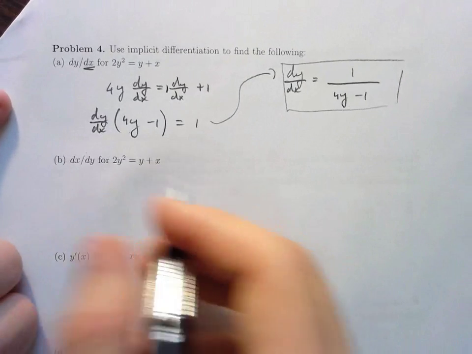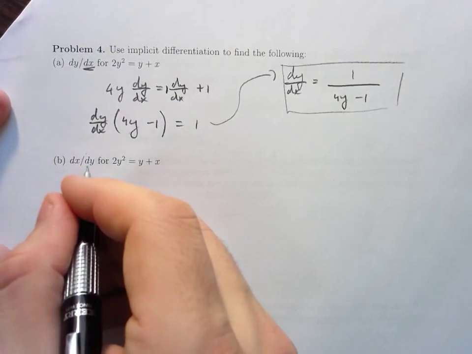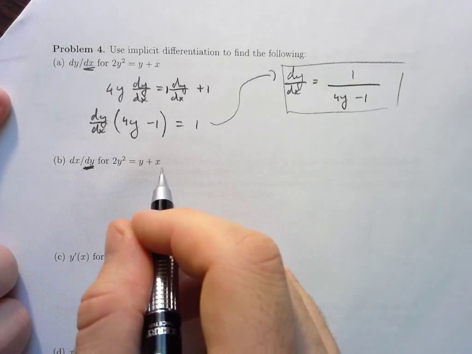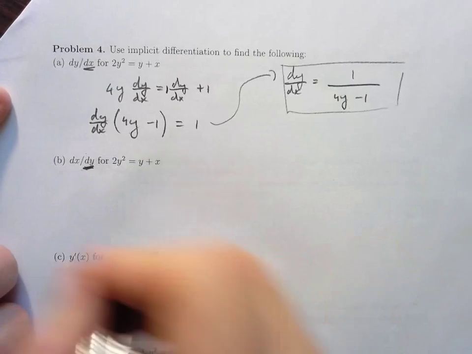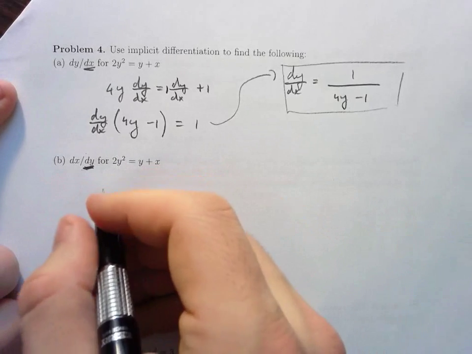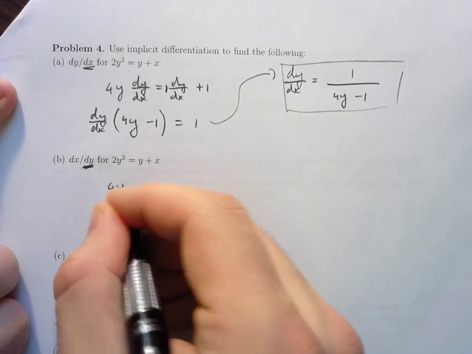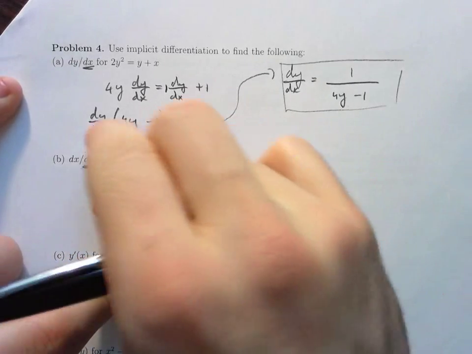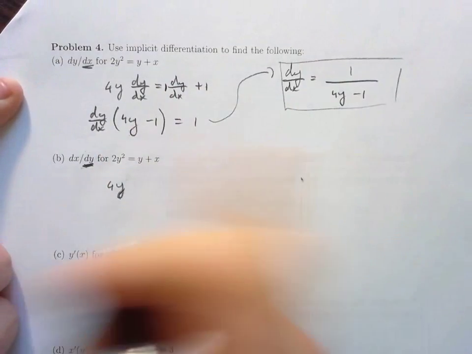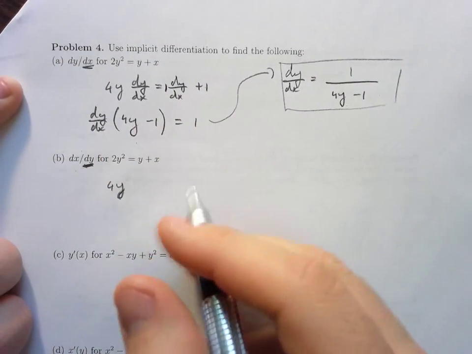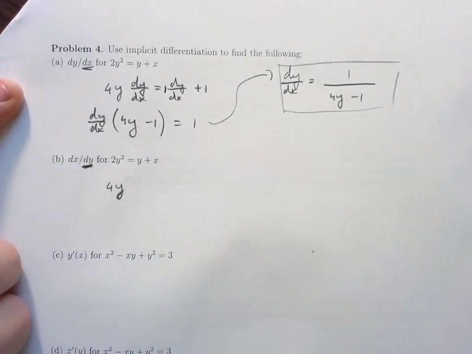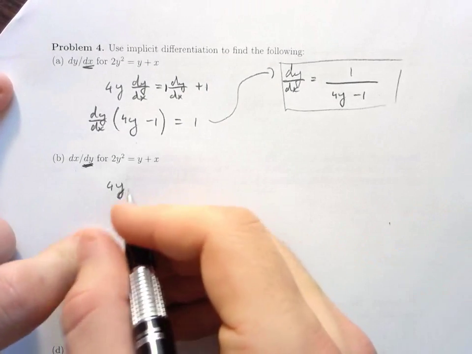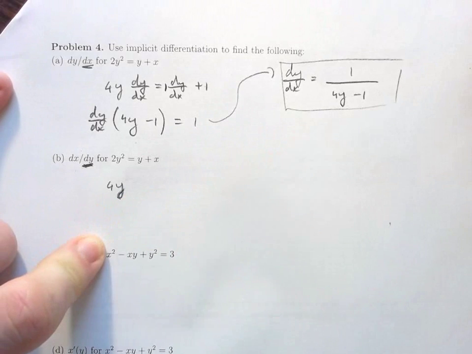Now part B is asking us for the same equation to find now dx dy. So that means I'm going to differentiate this with respect to y, treating x as a function of y. On the left hand side I end up with simply 4y to the first, not y squared, and since I'm taking the derivative with respect to y, I don't have to apply chain rule anymore.